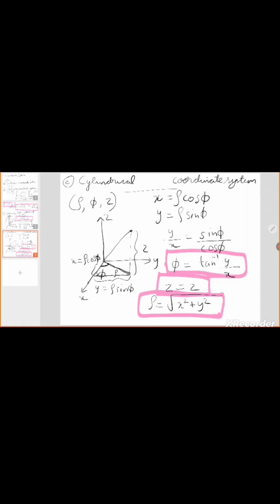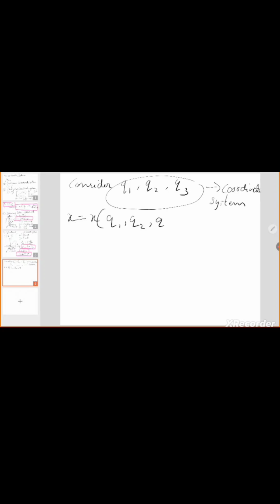Now consider general coordinates q1, q2, q3. Generally in Cartesian this is a type of coordinate system. So here the coordinates are q1, q2 and q3. The relationship between the Cartesian coordinate system and this coordinate system can be written such that x is a function of q1, q2, q3.